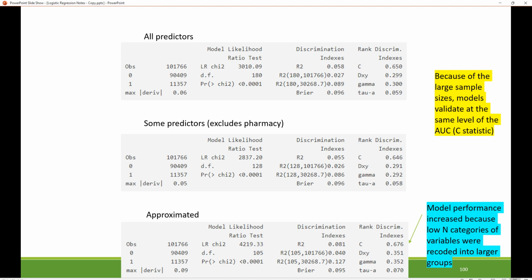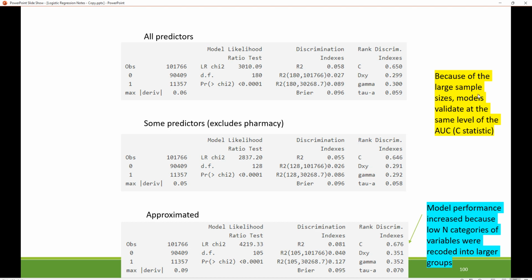We would expect the pharmacy information to have more predictive power if we knew the medications that they took, or the number of medications, which could maybe give us a better idea of their health status and their likelihood of being readmitted.